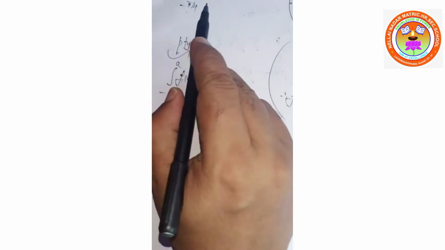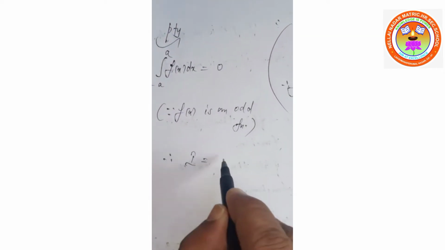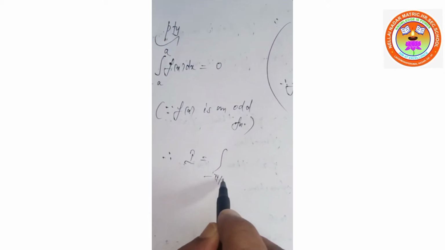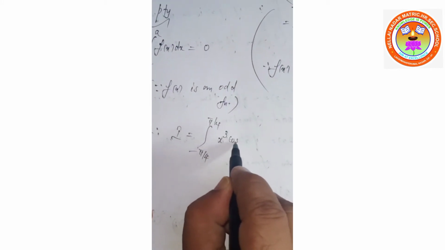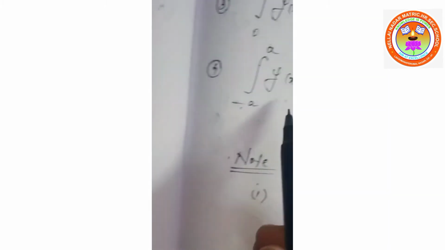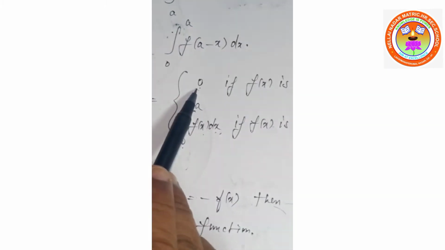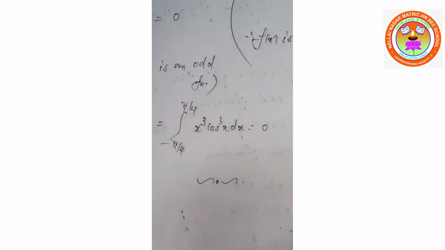Therefore the given integral I equals minus pi by 4 to plus pi by 4 x cube cos cube x dx. If it is an odd function, you can directly write 0. Very simple problem. So problem number 1 is over. I'll be teaching problem number 2 in the next video.